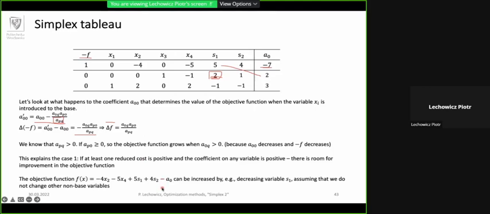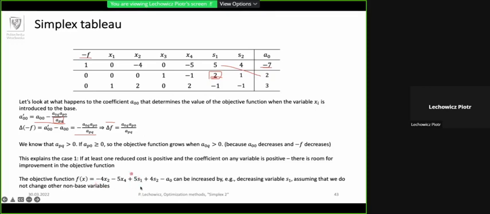We can increase the value of the objective function by decreasing the value of S1, assuming that we are not touching other non-base variables.